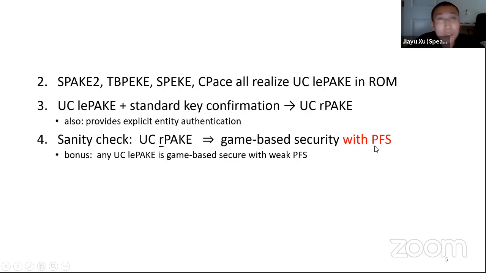I believe this was already introduced by a previous talk. And also we show that the slightly weaker UC LE PAKE is also game-based secure, but with a weaker version of perfect forward secrecy. So in other words, even though UC RPAKE is a relaxation of the standard UC PAKE, it still implies the very basic game-based definition.